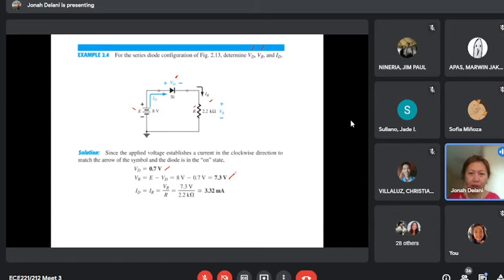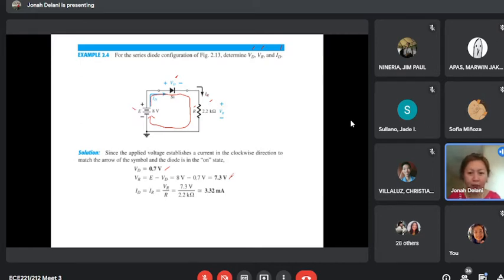So what about the current through the diode? It is a series circuit, so the current through the diode is the same current that passes through the resistor. We cannot solve for the current by looking at the diode, but if we look at the resistor, we can find the current using Ohm's law, V equals IR.